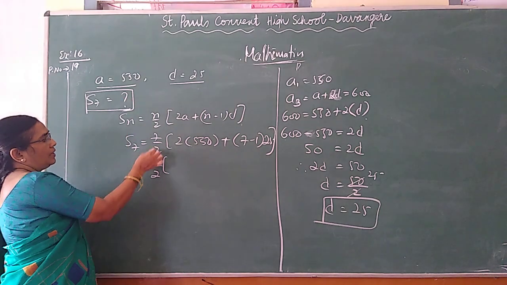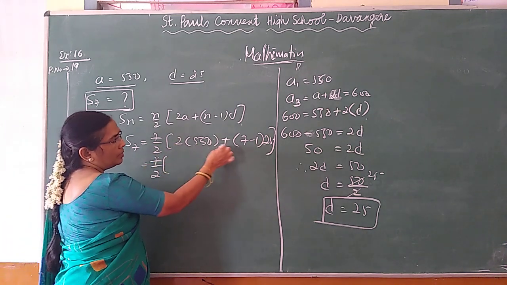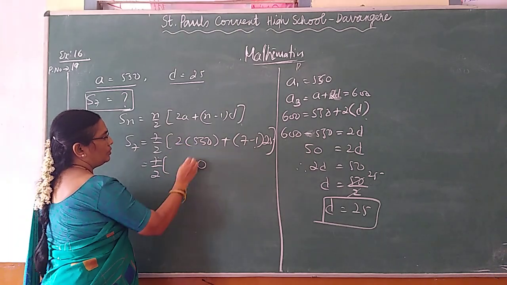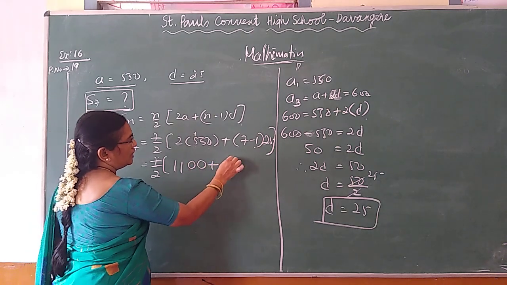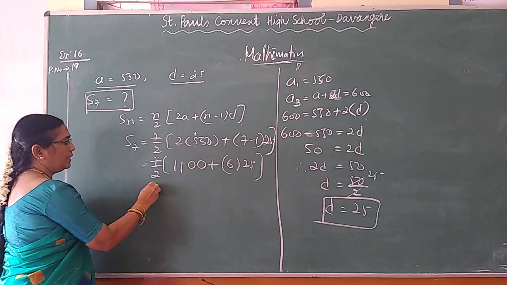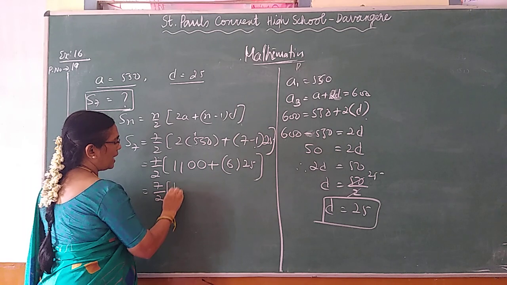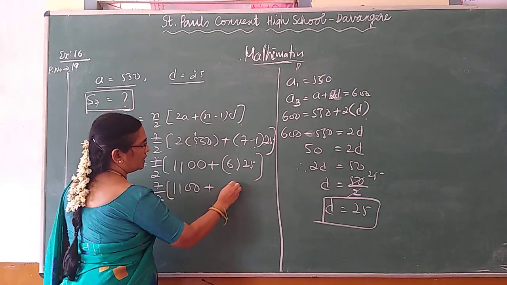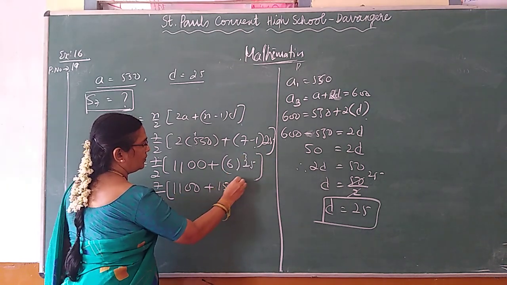So S7 is 7 by 2 into 2 into 550 plus 7 minus 1 into 25.